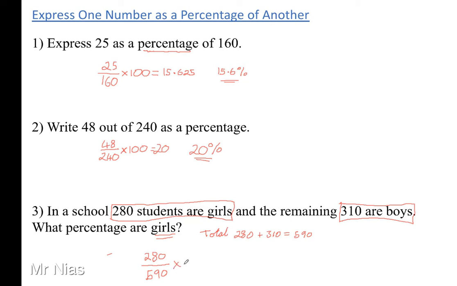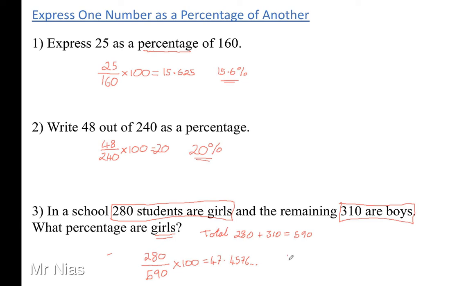So there's our proportion, and to turn it into a percentage, I'll times it by 100. Get your calculator out and do 280 divided by 590, and then times it by 100, and we've got quite a long decimal here: 47.4576, etc. In this case I'm just going to go to one decimal place.